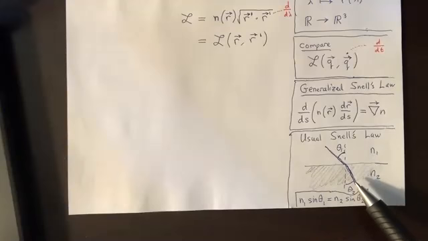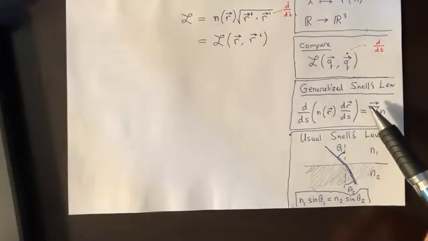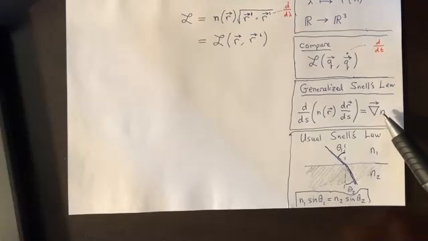It tells you the angle. We're going to see that you can deduce this law from the generalized Snell's law. So this is the generalized Snell's law. It is a little bit mysterious, but let's appreciate that the next time you're looking at a sunset, this is what's working for you. First of all, let's talk about the gradient of the index of refraction. The density of the atmosphere is greater the closer you get to the surface of the planet.